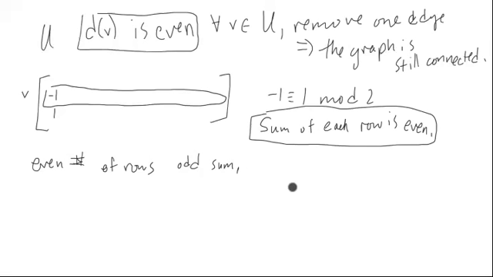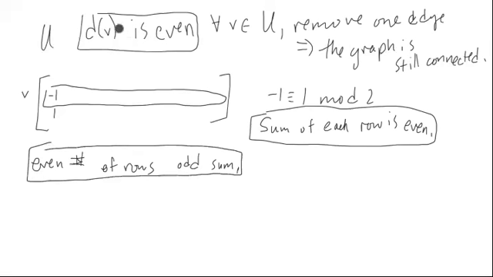Then you add that to something that's even, and you're going to get something that's odd, but the sum of every entry together has to be even. So we can conclude that we can't have an odd number of rows with an odd sum. It always has to be even. So we'll put that off to the side and use it in a minute. Our assumption that the degree is even, we can disguise this way by saying the sum of each row in the incidence matrix is even.